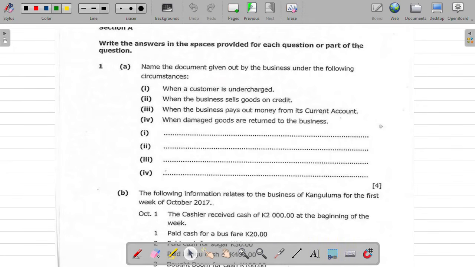The document that you're going to prepare here is what we call a debit note. A debit note is a document sent to a customer when the business has charged them less money. For example, let's say you sold goods worth 500 kwacha, then on your invoice you mistakenly write 450.